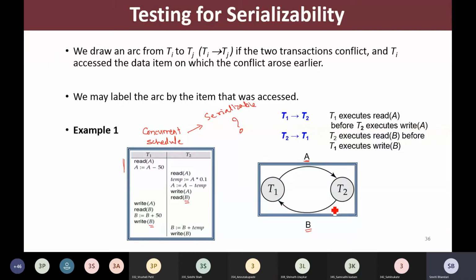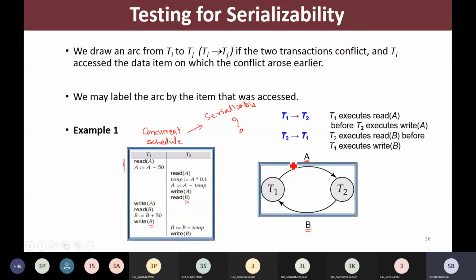So if we look at this particular example, and if we consider this precedence graph, we are having a cycle here. Is that correct? As we are having a cycle, we may declare that this schedule is not conflict serializable.